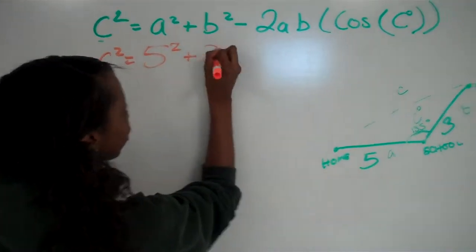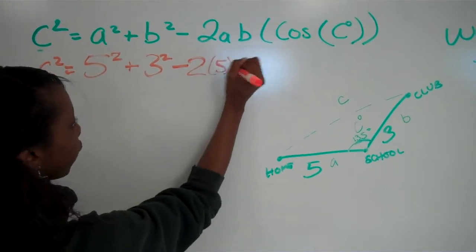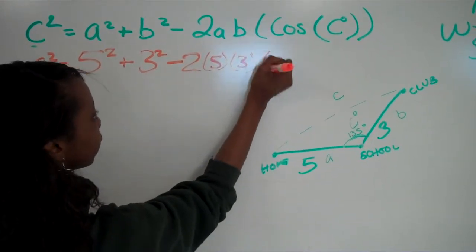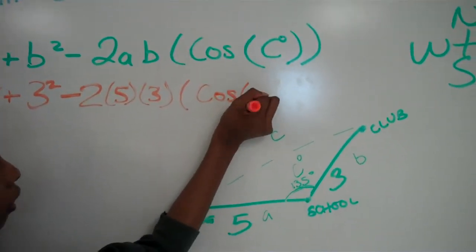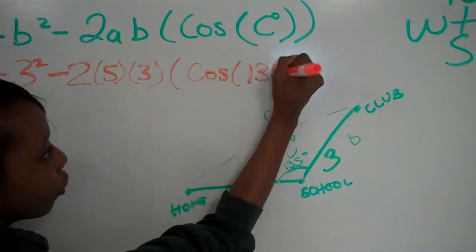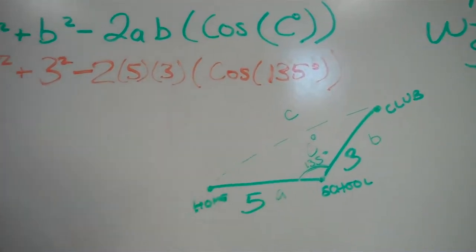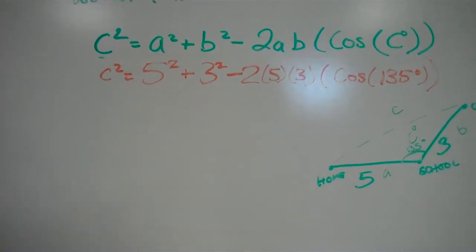Side B, 3. 2 times side A, which is 5, times side B, which is 3, times the cosine of angle C, which is 135 degrees. So that's pretty much everything. All we have to do now is solve it.